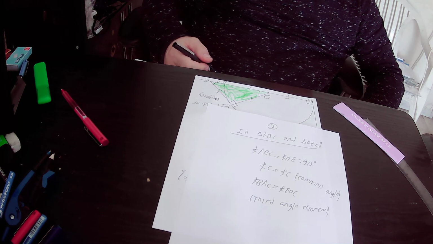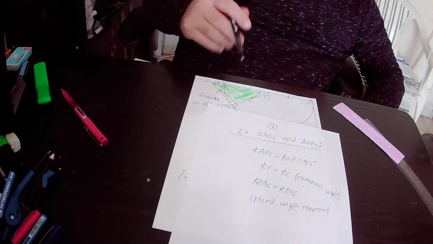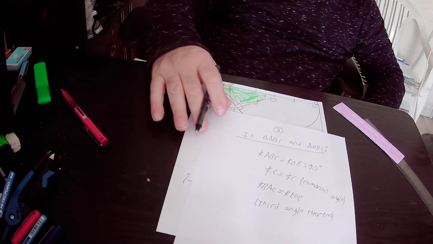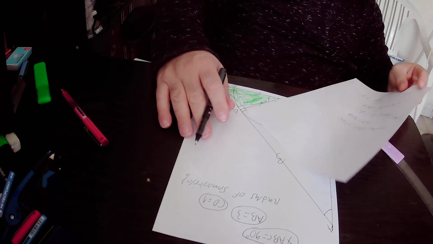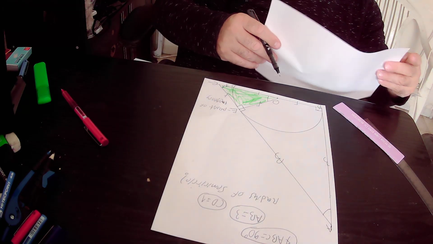Therefore, we proved the triangle ABC is similar to triangle OEC according to the angle similarity rule.